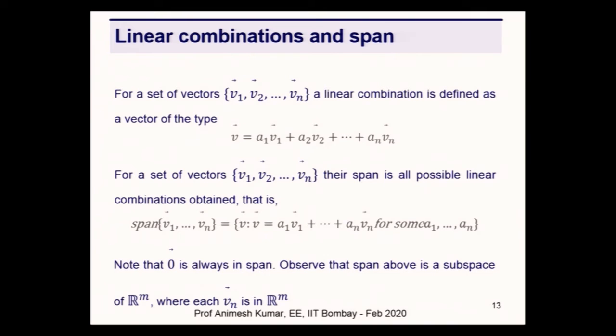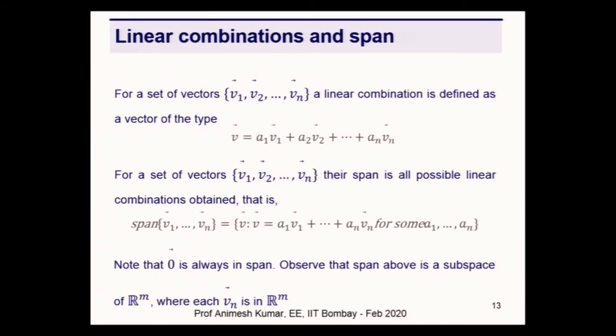That leads us to the idea of span. For the same set of vectors v1 to vn, their span is all the possible linear combinations that you can obtain. This is one possible linear combination, with a1, a2, and so on as some fixed numbers. You obtain the span by changing the values of a1, a2, an in the set of reals, which means you are going to get an infinite number of vectors.